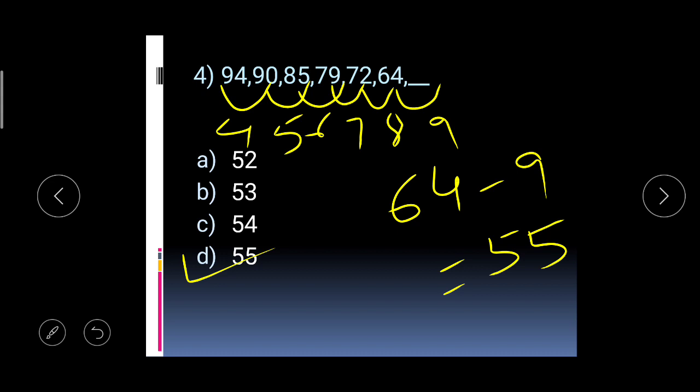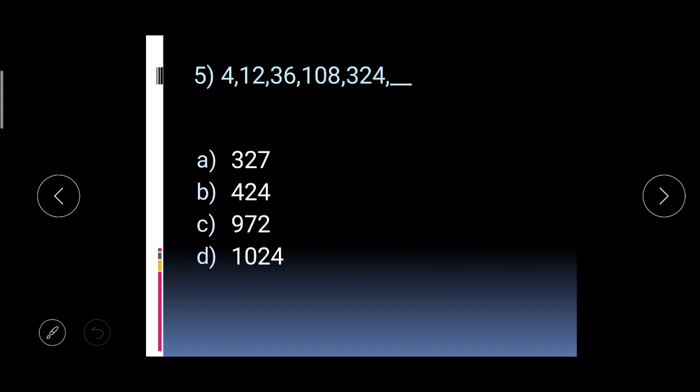Okay. Let us go to the next slide. Fifth question. 4, 12, 36, 100 and 324. If I see the difference, the difference is 8, then 24, so it is not a very easy pattern.